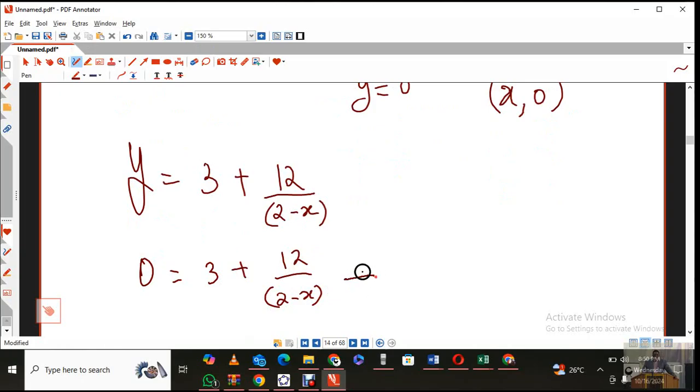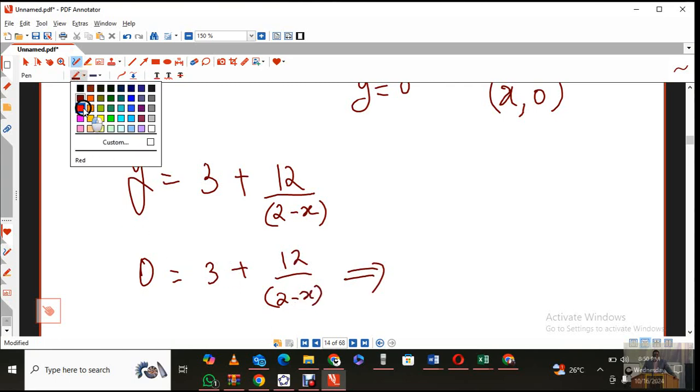Now, it's very important that you realize this because we do not like this fraction stuff. You are going to multiply both sides of the equation by 2 minus x. So basically, this is algebra.